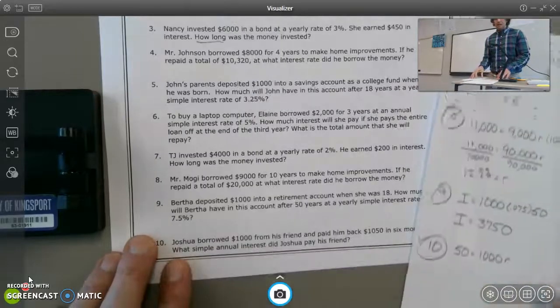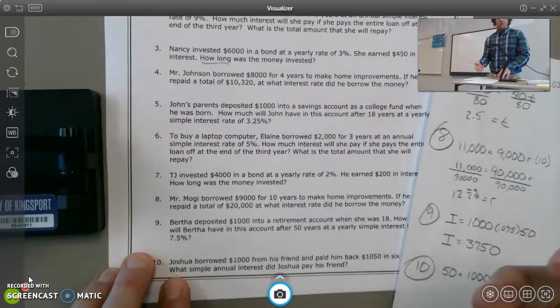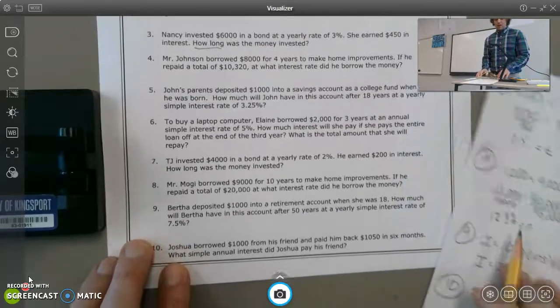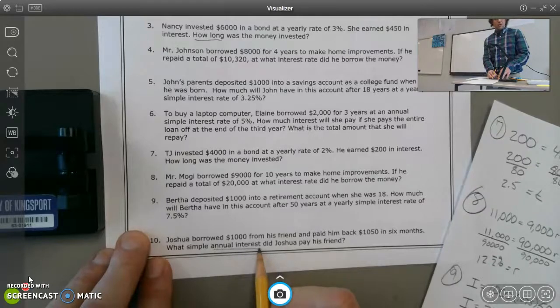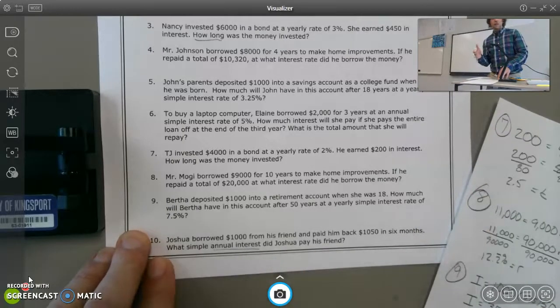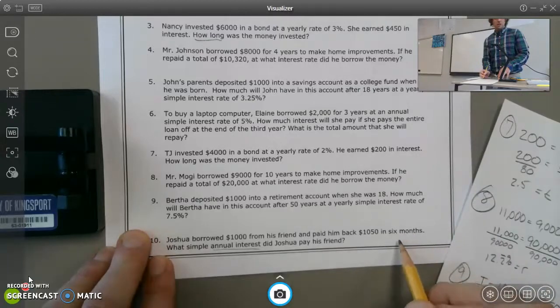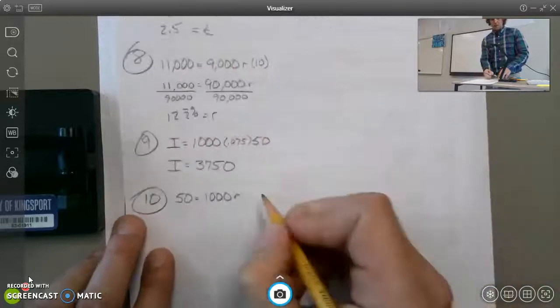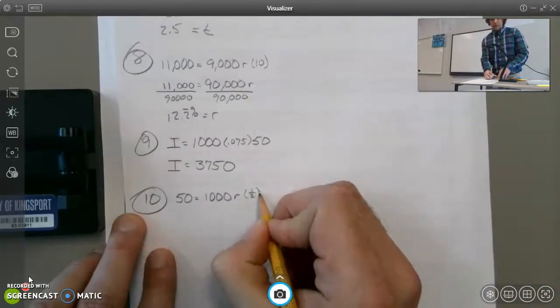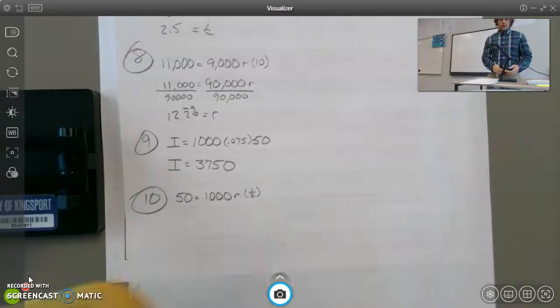Because we have looked at time, every time we do this, we're talking about time in years, and we have to talk about it in years because the interest rates that we're talking about are annual interest rates. So this is this much percent per year. But in this case, he only borrowed it for 6 months. So what was the time frame that he borrowed it? Well, 6 months is 1/2 of a year. So he only had it for 1/2 of a year.